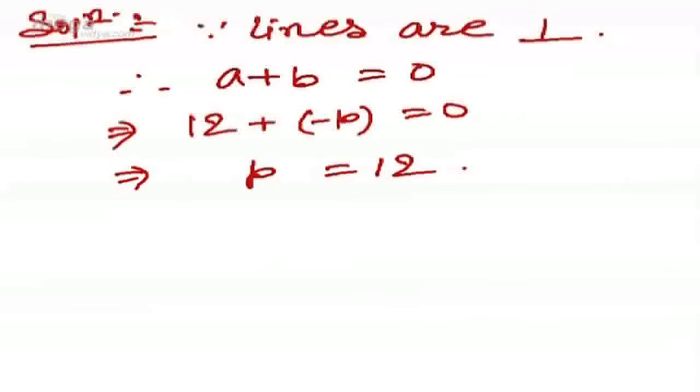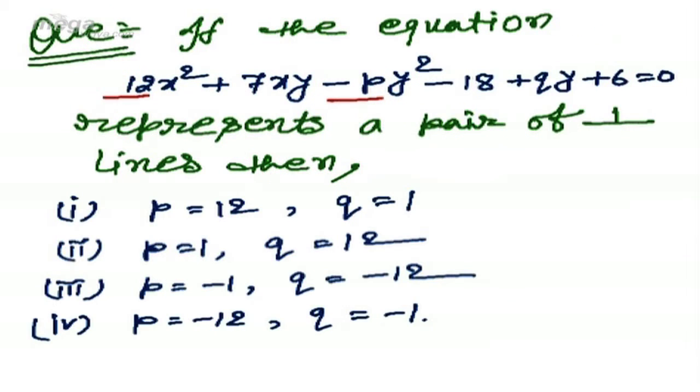Student, now you have to find out the value of Q. But student, you are appearing for the IIT examination and you need to save so much time while you are solving the paper. You can see the options.